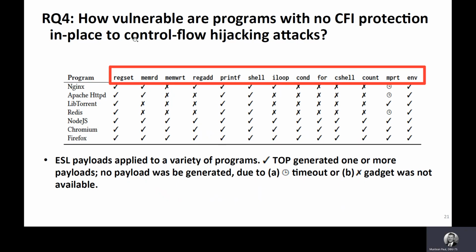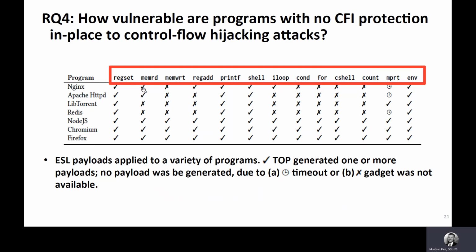Next, also belonging to the fourth question, how vulnerable are programs with no CFI protection in place? Here, basically, we looked for all our attack primitives in these real-world programs. And basically, what we tried here was to generate different types of payloads.